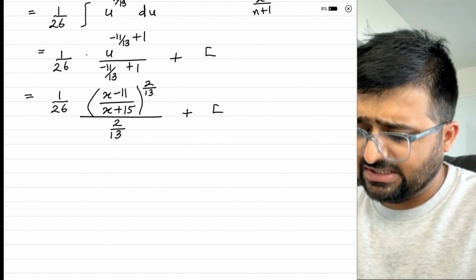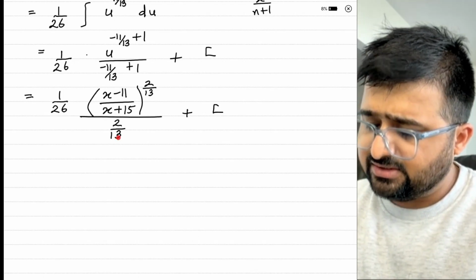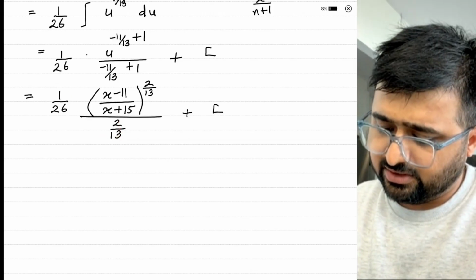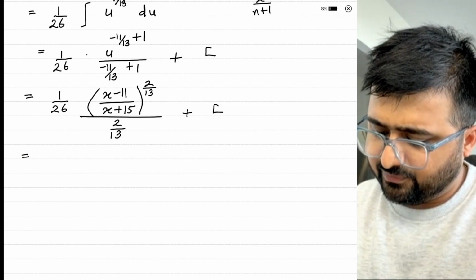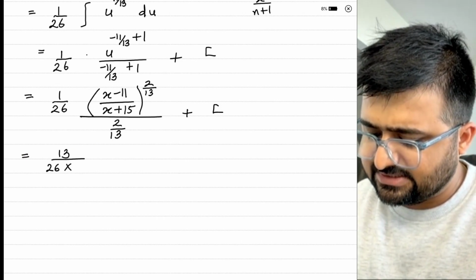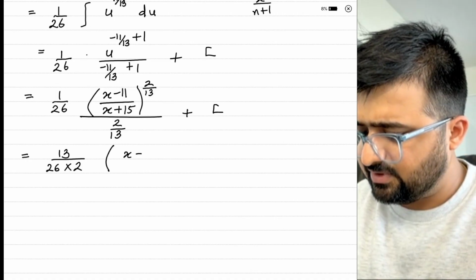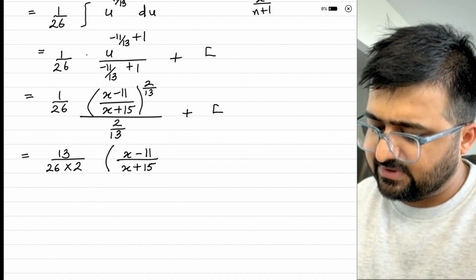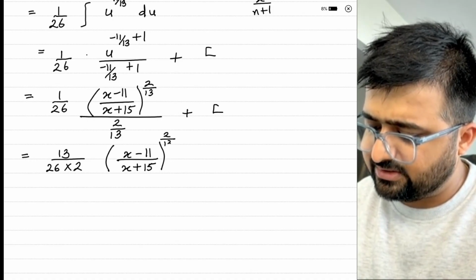You can clean this up a little bit if you want. This 13 in the denominator can go in the numerator. Okay, so we have 13 divided by 26 times 2, and then we have x minus 11 divided by x plus 15 to the power 2 by 13.